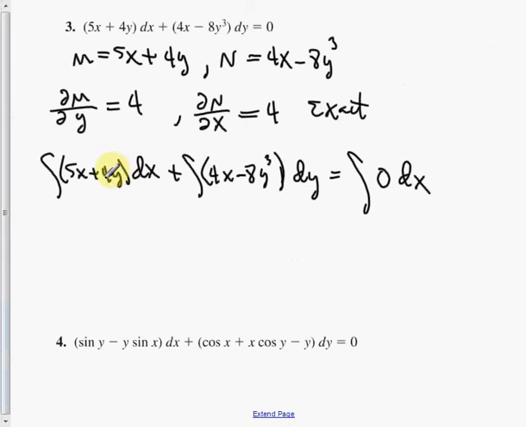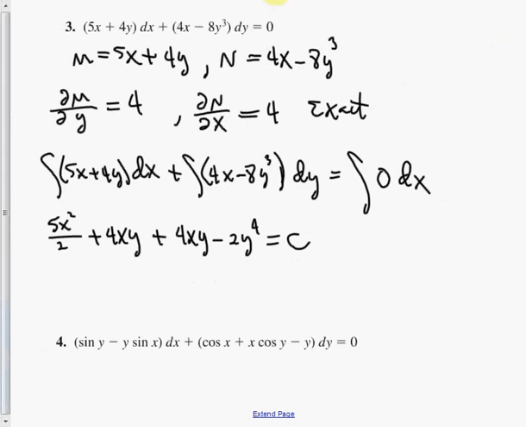Integrate with respect to x here, so this is 5x squared over 2 plus 4xy, plus integrate with respect to y on this side, so this becomes 4xy minus 8y to the fourth divided by 4. That's 8 divided by 4 is 2y to the fourth.